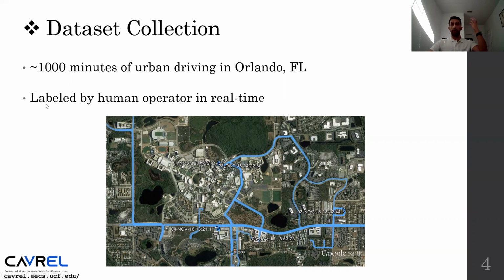And this vehicle had a driver and an operator, who used a logging system that we designed and implemented to label these maneuvers in real time. Basically, whenever the driver made a right turn or a U-turn, the operator or co-pilot made a label in real time, writing more information and labeling the data there.